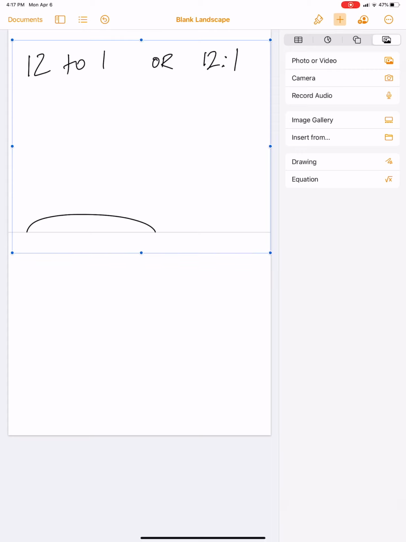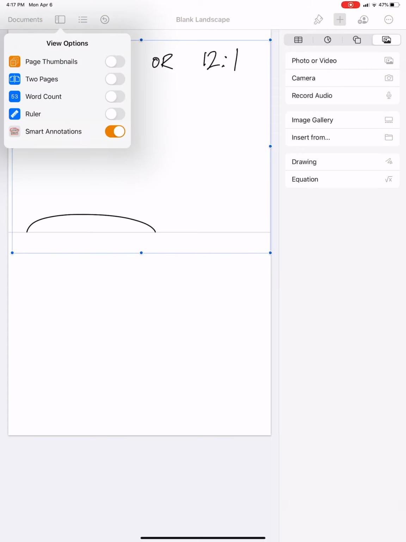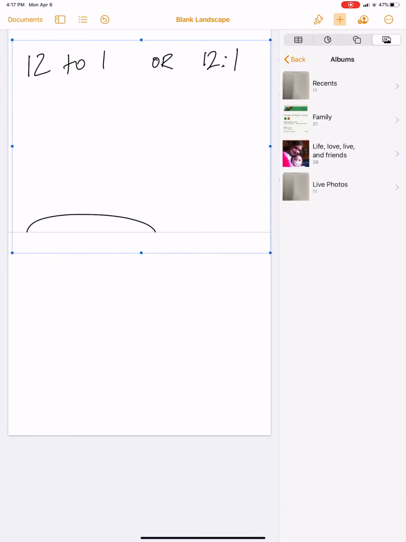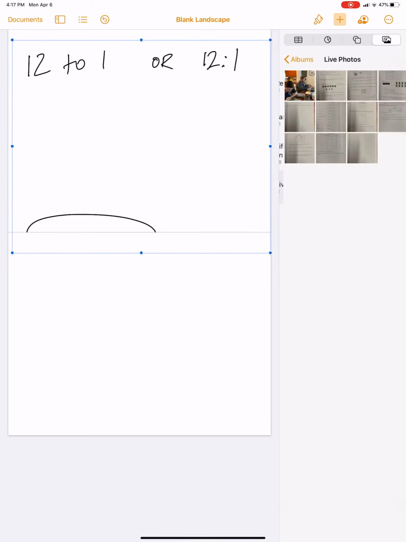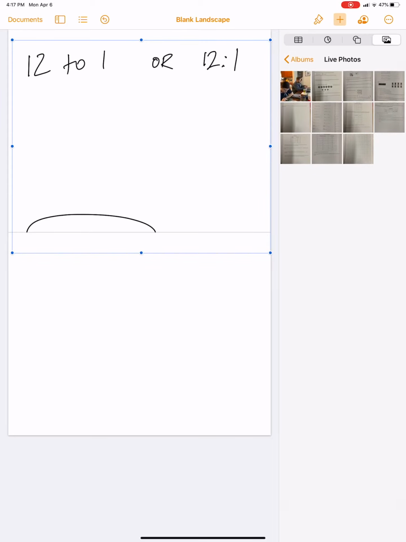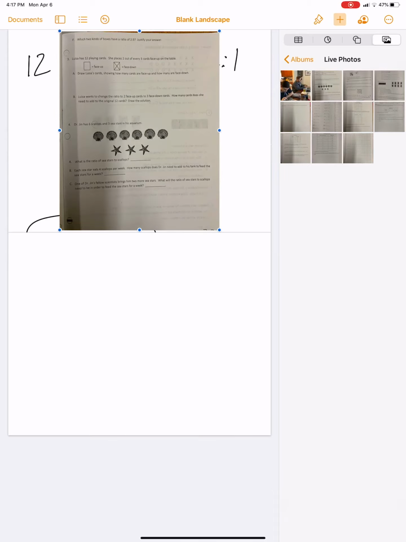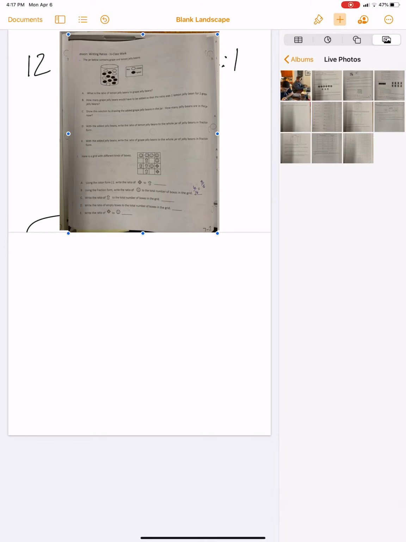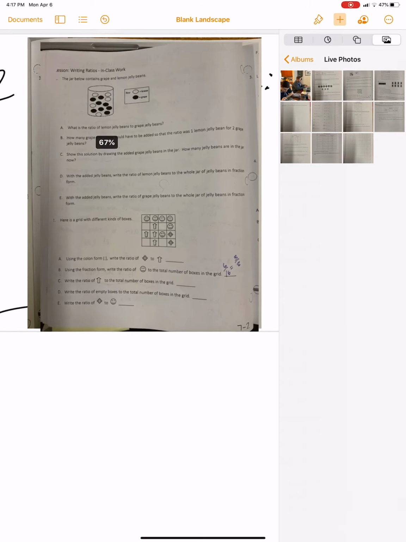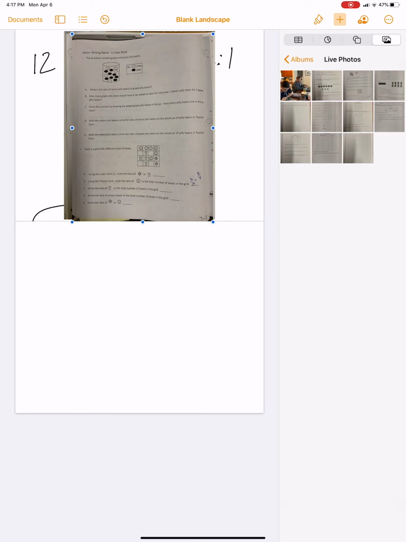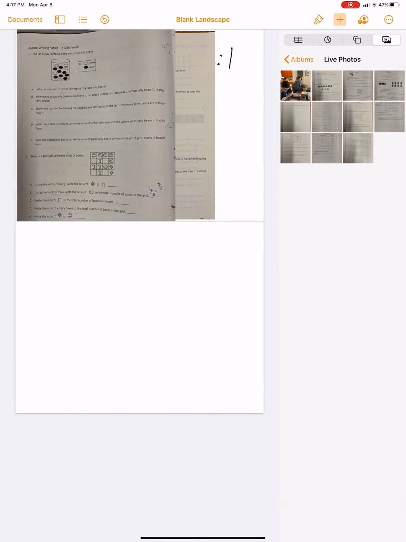Let's see. For a picture here, I'm going to go to the page in your book, it's going to have the picture of the jelly beans on there. There we go. That's the one I want. So to take this jelly bean picture, I'll make this a little bigger so we can see it.